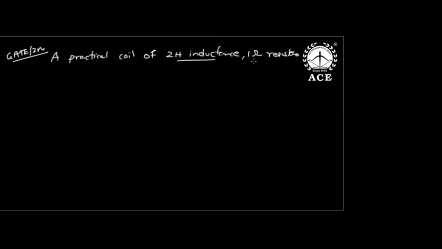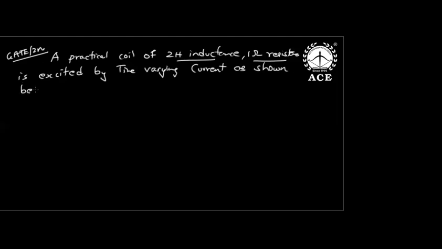A practical coil of 2 Henry inductance and 1 ohm resistance is excited by a time varying current as shown below.